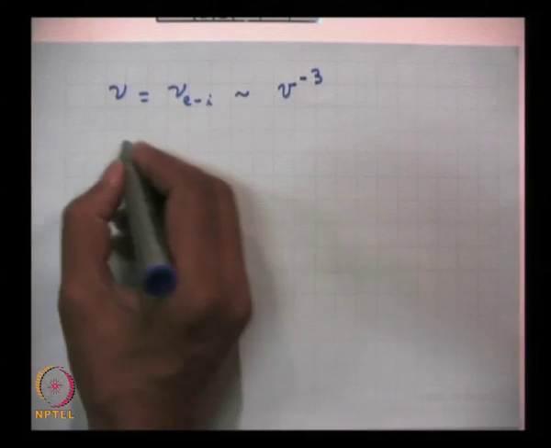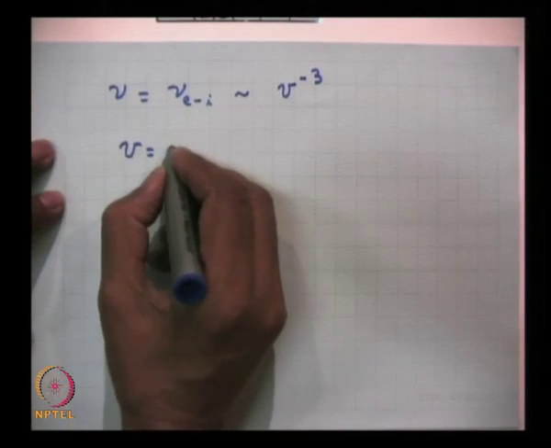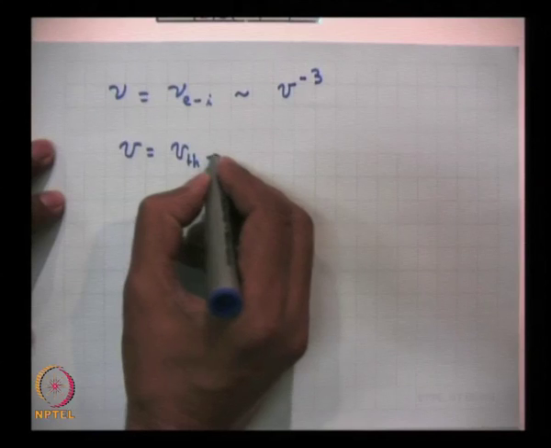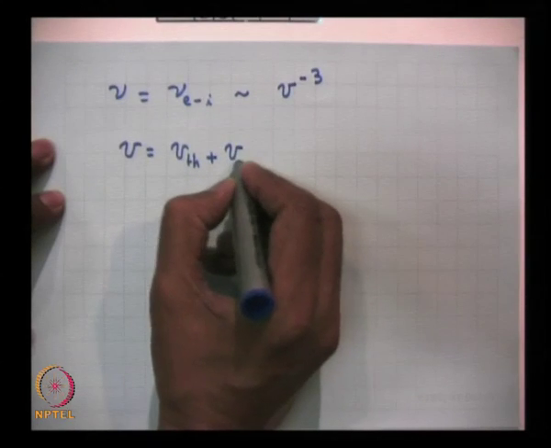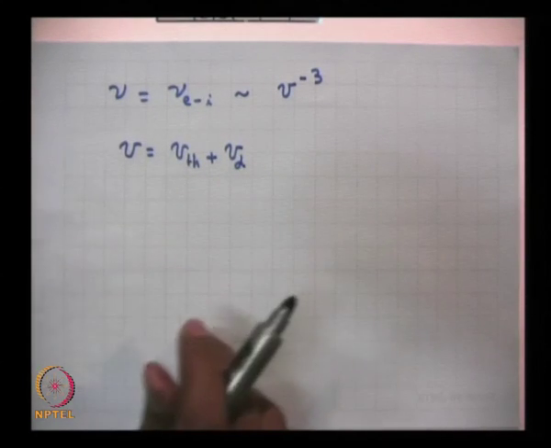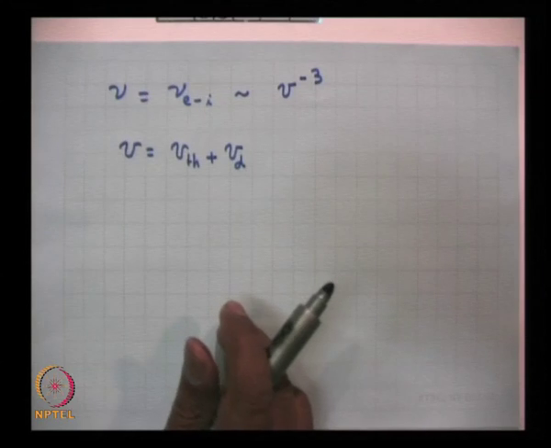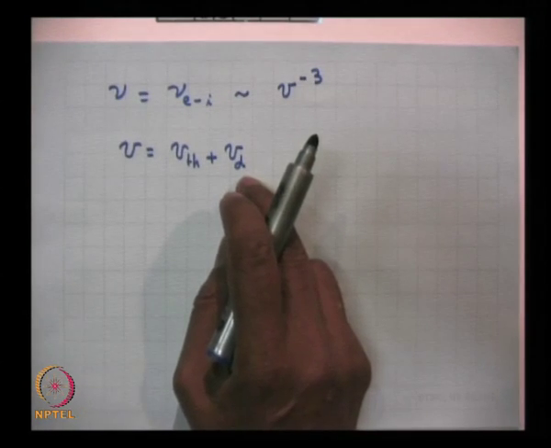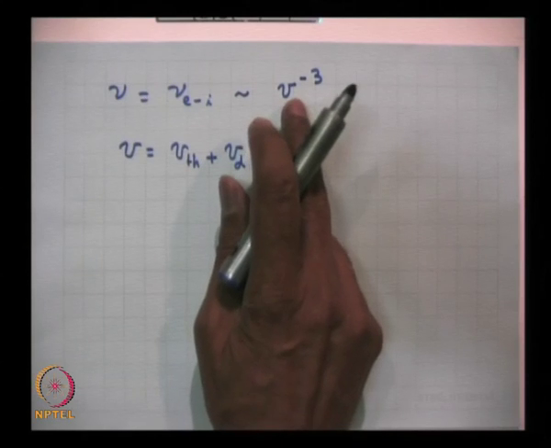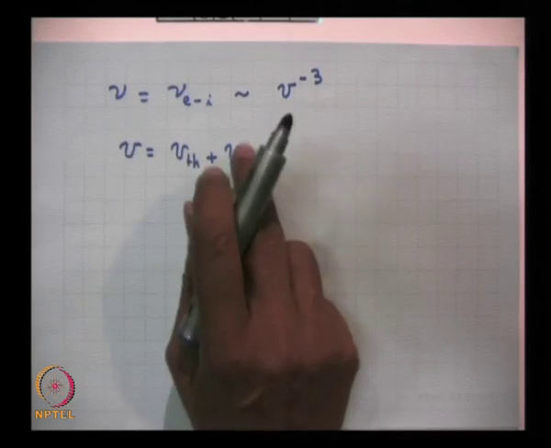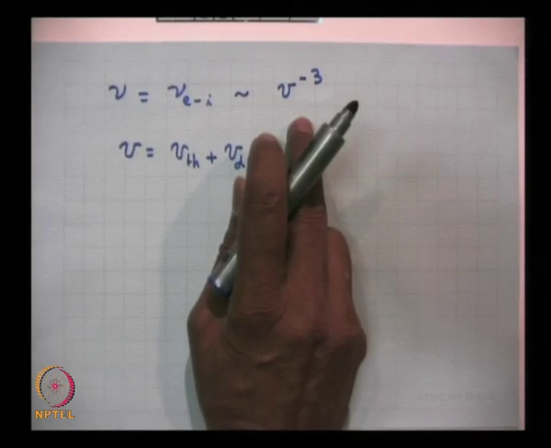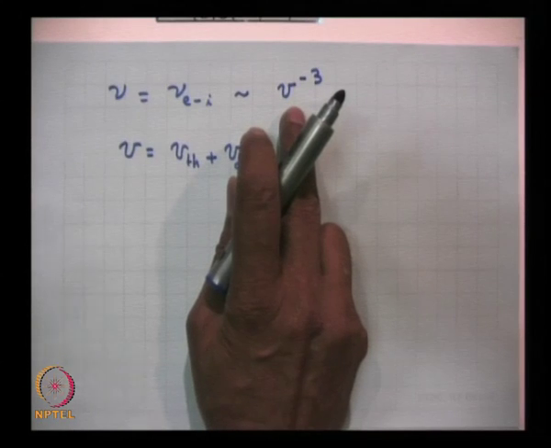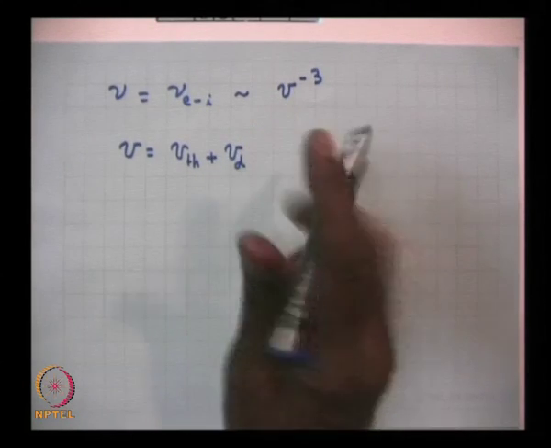This v is the sum of thermal velocity plus drift velocity. Let me call Vd the drift velocity. Actually, I have been calling the electron drift velocity simply as v, but here I want to call this the total velocity, because in the collision frequency this is the total velocity that really appears.